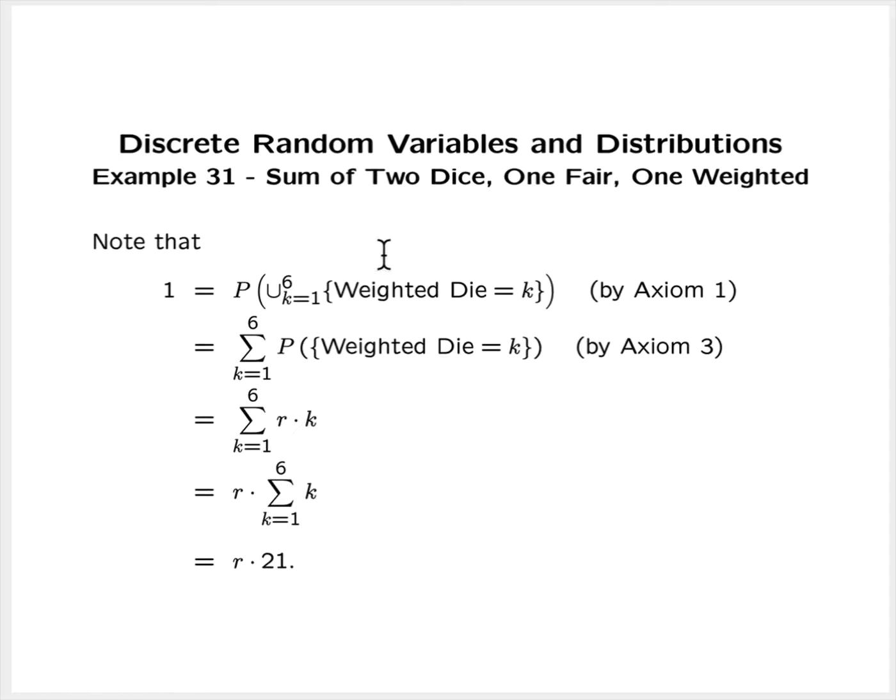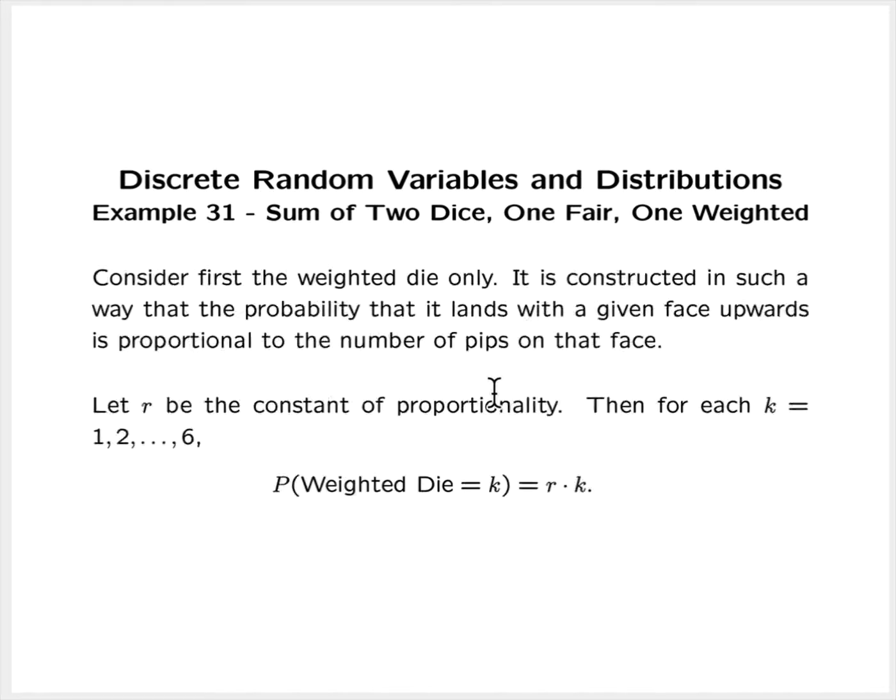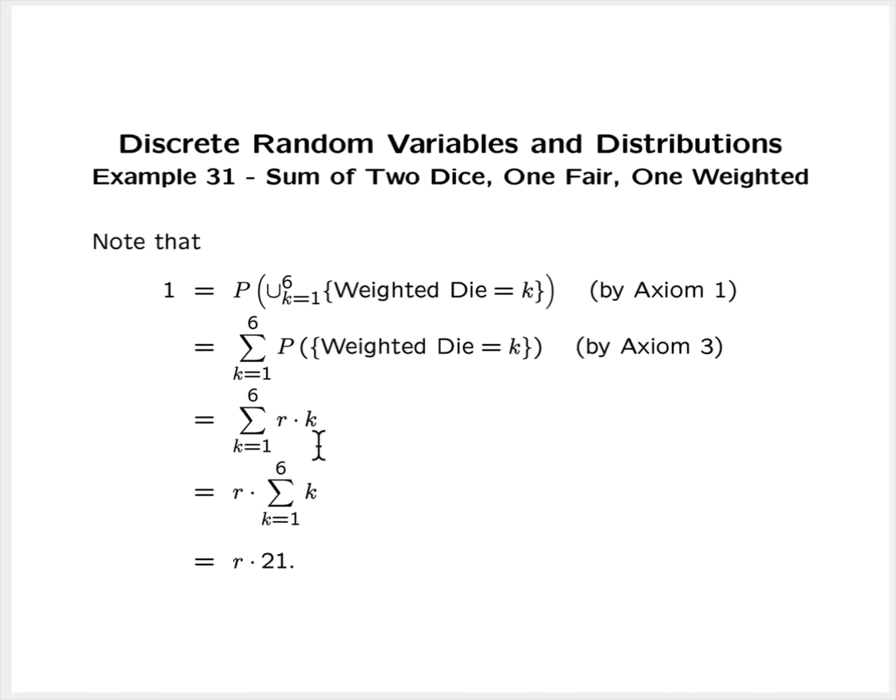Now, by axiom 3, because these individual events that are being combined via union to get the sample space for the weighted die are mutually exclusive, they're disjoint, the probability of the union of these mutually exclusive events is equal to the sum of the probabilities of the individual events. Now, the probability that the weighted die is equal to k, by the result given on the previous slide, is equal to R times k.